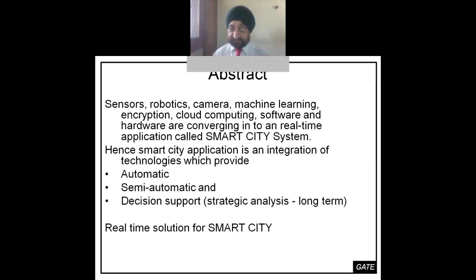And the third thing it will give is the decision support system, which enables us to implement or to plan a new application, to plan new things. So once we have the previous data, then we can make a decision based on the appropriate inputs that we get. Now we will start.